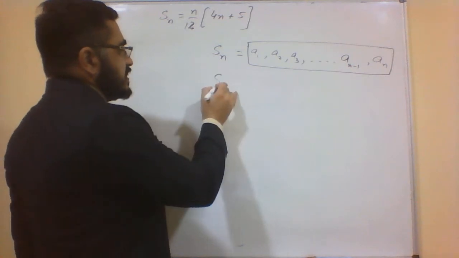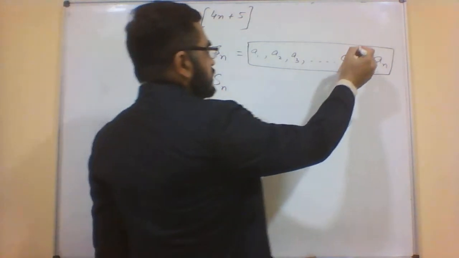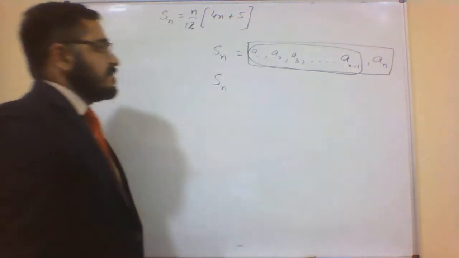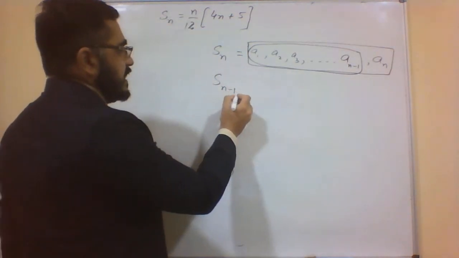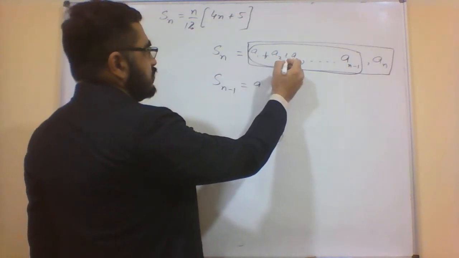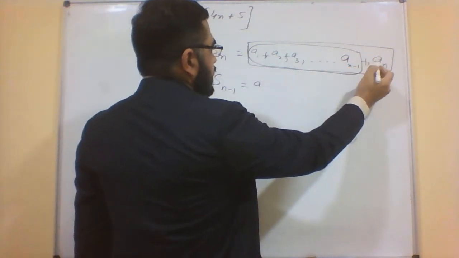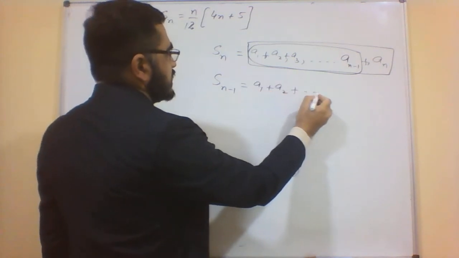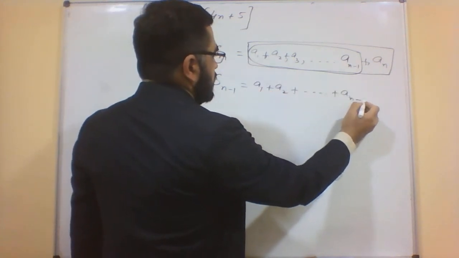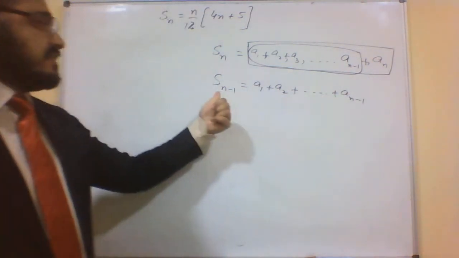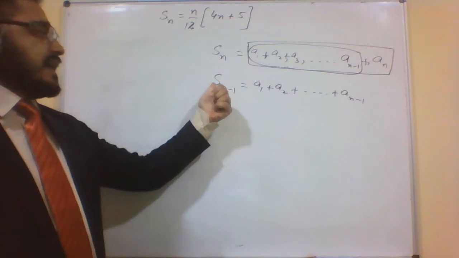But the sum of the series up to n minus 1 terms, only up to here, that we can write as A1 plus A2 plus A3 plus up to so on, An minus 1. If the last term here is An minus 1, then the sum of the series will be Sn minus 1.